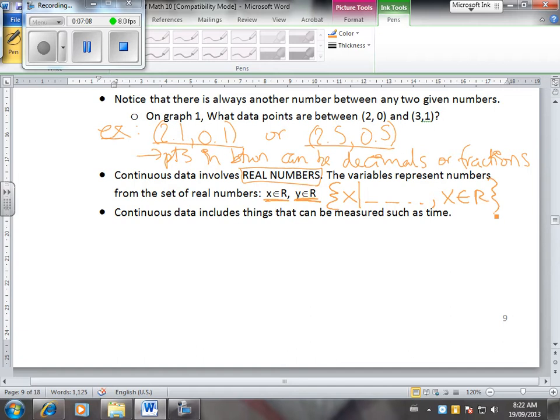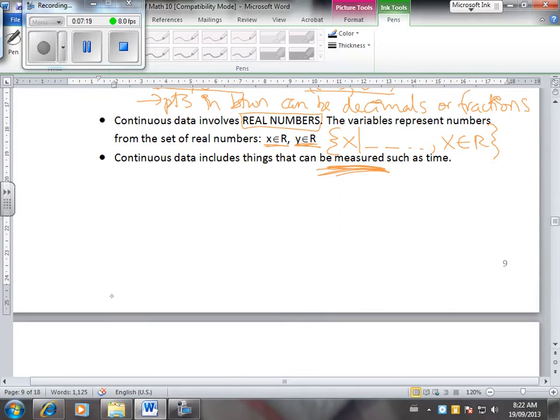And continuous data includes things that can be measured. Okay, so think of things that you can measure with some sort of tool. So time, we measure time with a clock or a stopwatch. Other things that we can measure include things like height, right? You can measure the height of something, the volume of something, the distance of something.